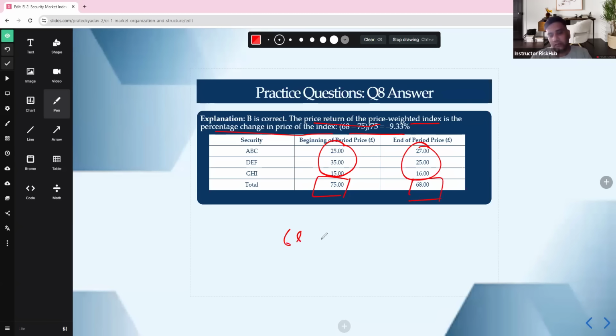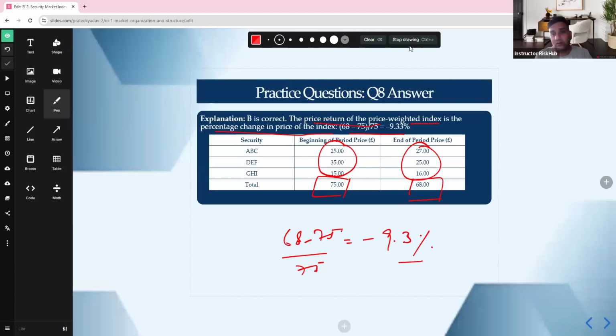So 68 minus 75 divided by 75 is equal to minus 9.3%. So higher price stocks have more influence, very important to understand. Also, it is very important to understand that you just sum the prices and compute the percentage change for your price return of the price weighted index.